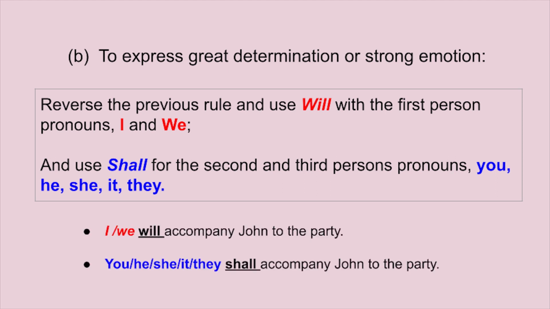I will accompany John to the party. We will accompany John to the party. He shall accompany John to the party. You can hear the strong emotion expressed in these statements. It's like saying, nothing can change this situation. Everything is going as stated.